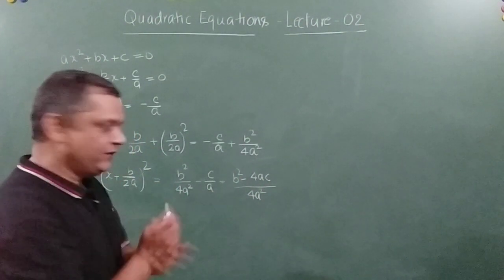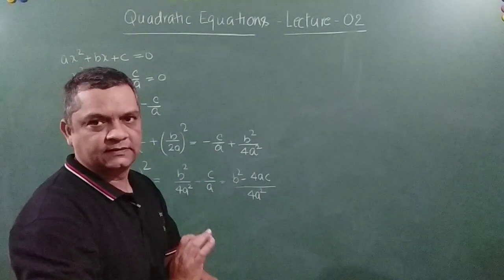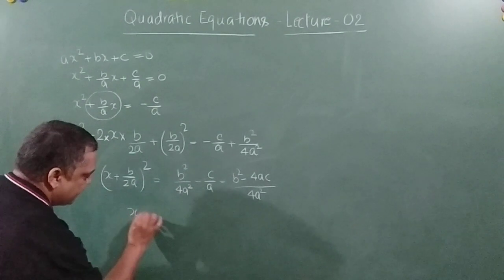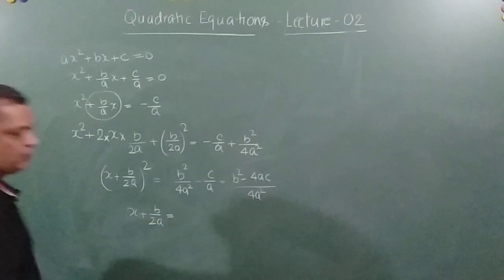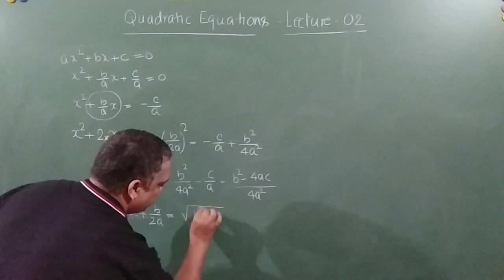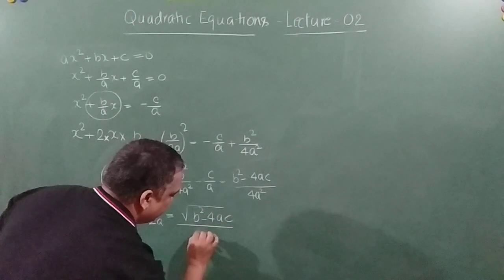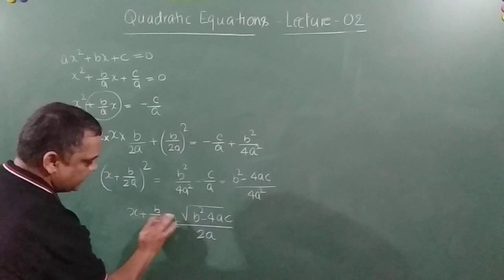Now friends, what we are going to do is that we are going to take square root on both the sides as we did in the previous problem, right? So this becomes x plus b by 2a is equal to plus and minus square root of b square minus 4ac divided by 2a.